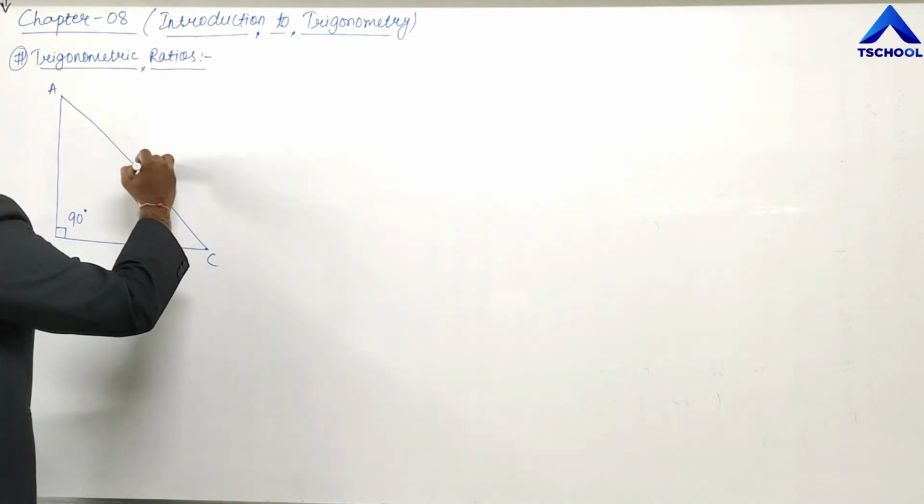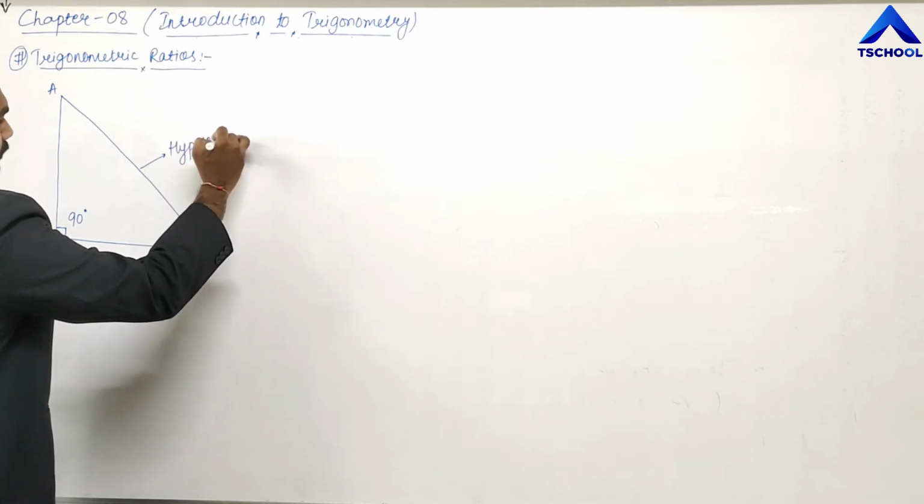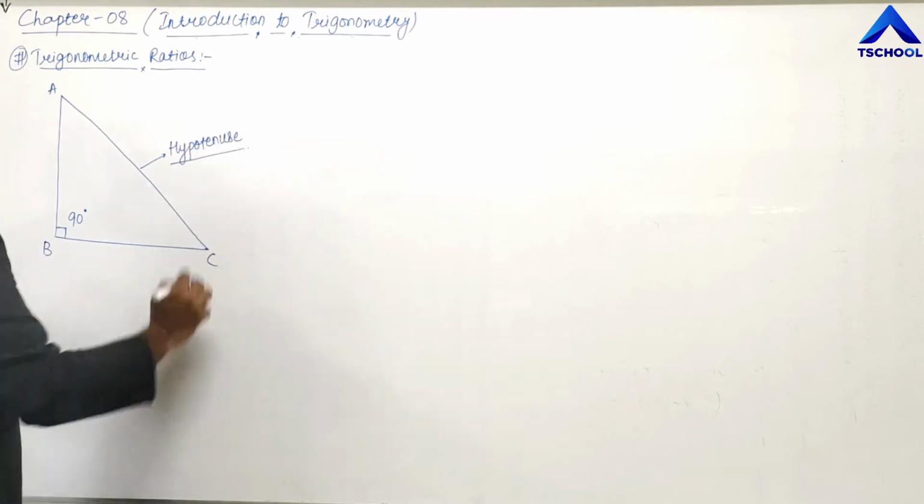Now the side opposite to 90 degrees is known as the hypotenuse.